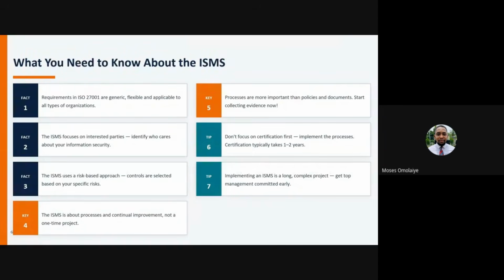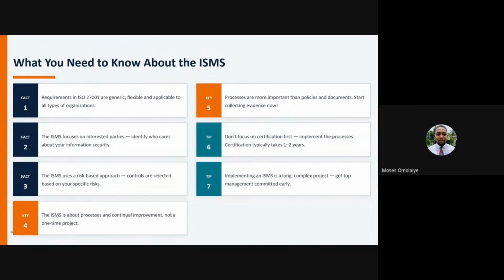So start collecting evidence now. Don't focus on certification first, implement the process. Typically they'll tell you 1 to 2 years, but for instance, at Mitigate It, we've come up with a framework to help you get your organizational certification a lot quicker than is stipulated here.